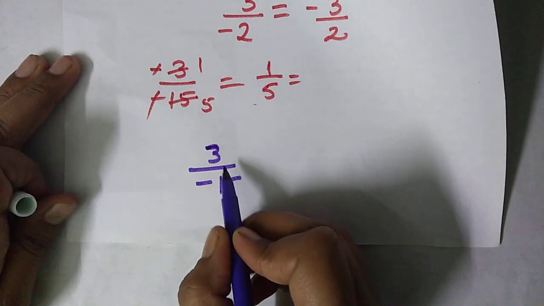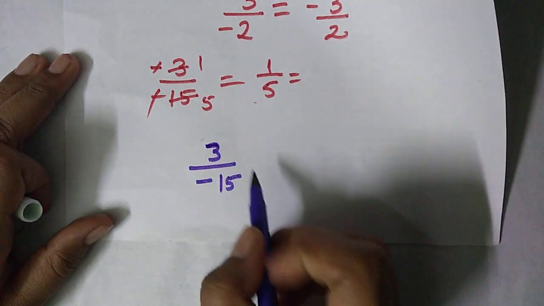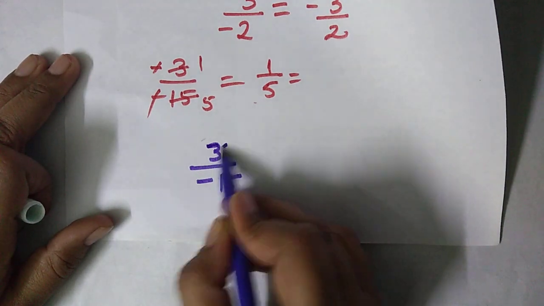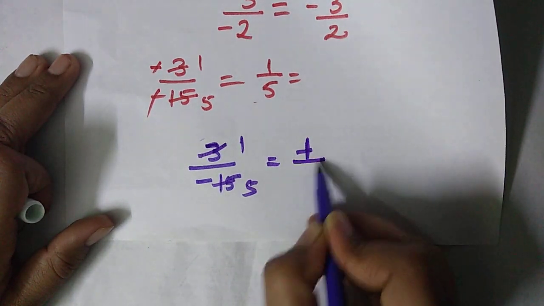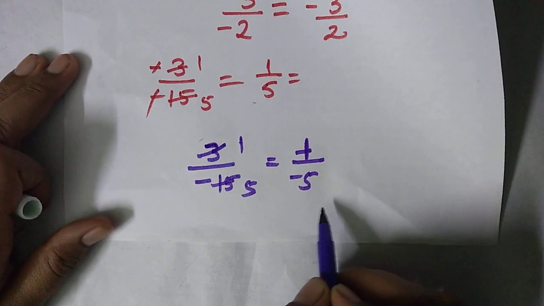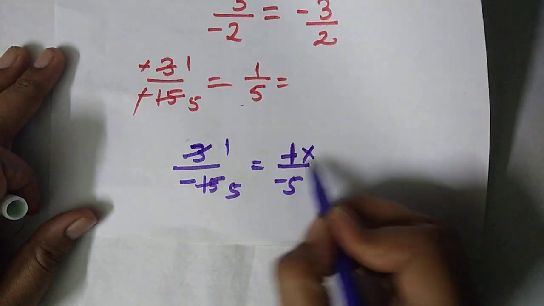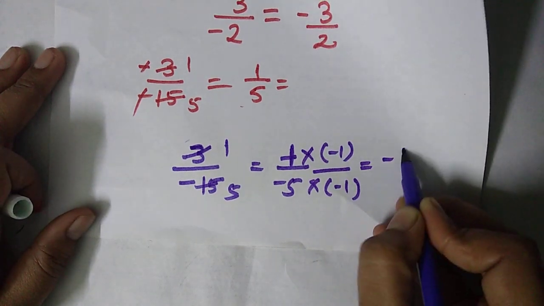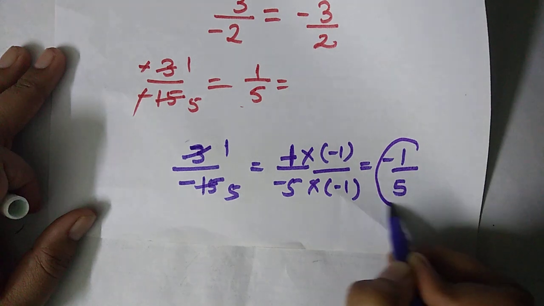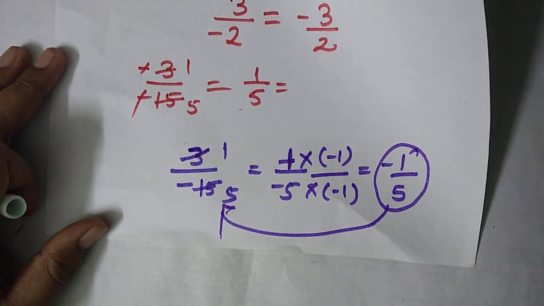So how will you make this standard form? First condition, the number must be in simplest form. Now they get cancelled with the table of 3: 3 1s are 3 and 3 5s are 15. So 1 over minus 5. Now the denominator must be positive. For making the denominator positive, we multiply by minus 1. Now it is minus 1 over 5. This is the standard form of 3 over minus 15.